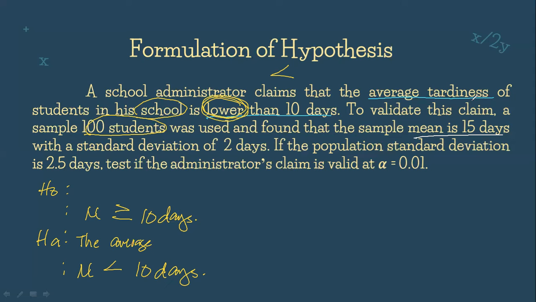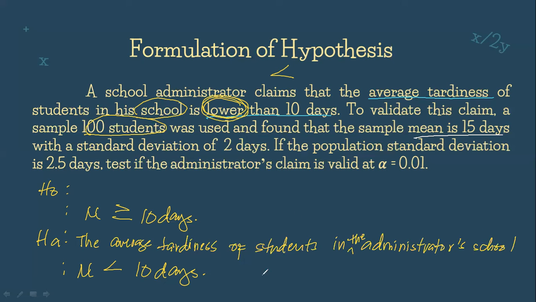The average tardiness, kasi yun po yung pinag-uusapan natin, yung tardiness daw po ng mga students of students in the administrator school is lower than 10 days.